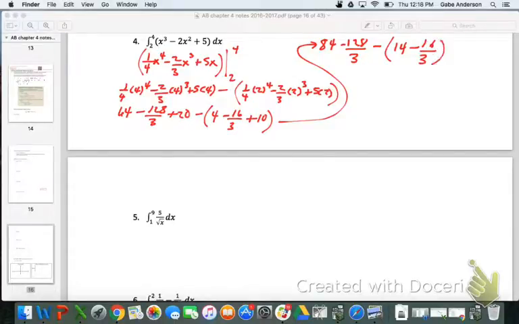I'm going to approach it from this perspective. I'm going to go 84 minus 14, which is 70. And then I'm going to go with negative 128 thirds minus negative 16 thirds. That's really plus, right? So what's negative 128 plus 16?